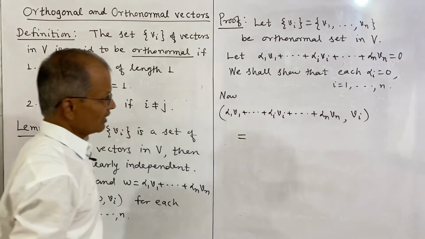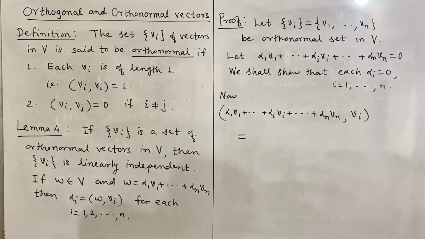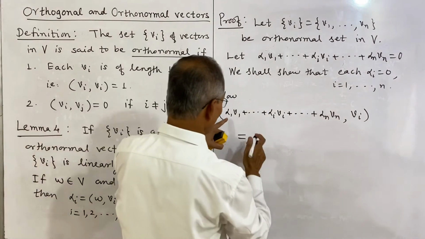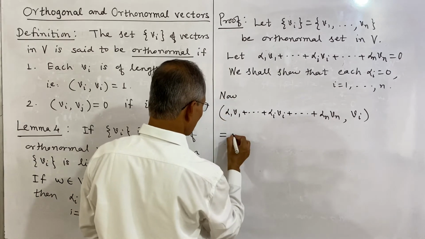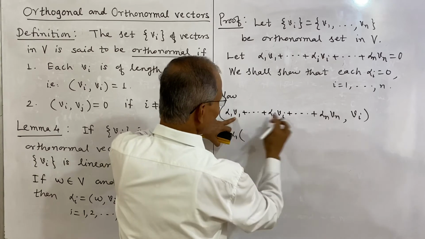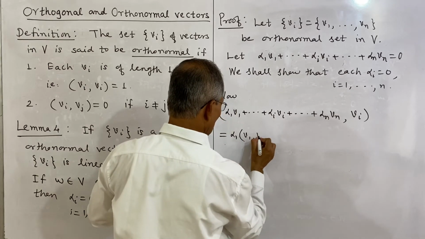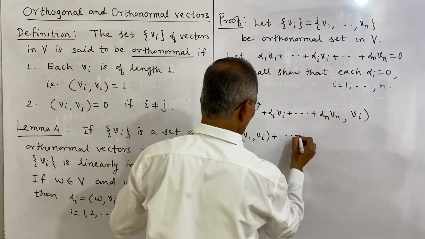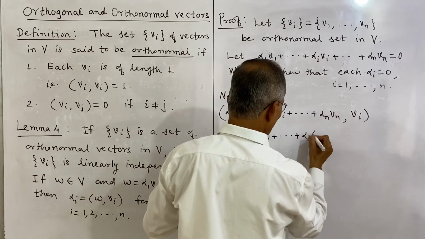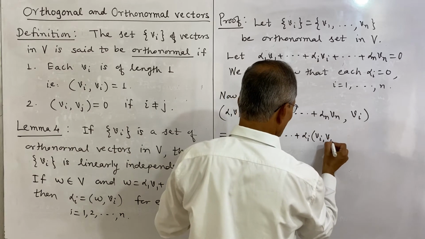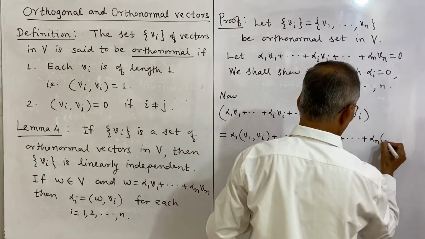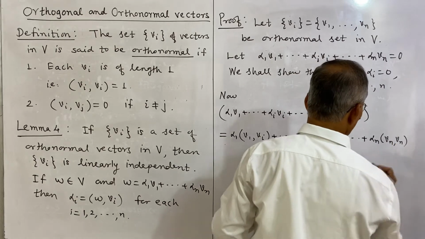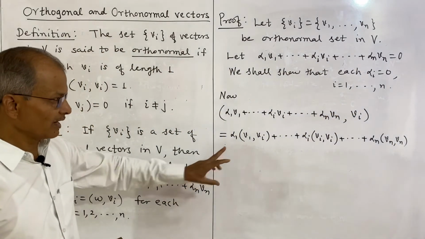Now we will use the linearity property, the third property of inner product, and write this as alpha 1 inner product of v1 with vi plus so on up to alpha i inner product of vi with vi plus so on alpha n inner product of vn with vi. So this is the bilinearity property we have.